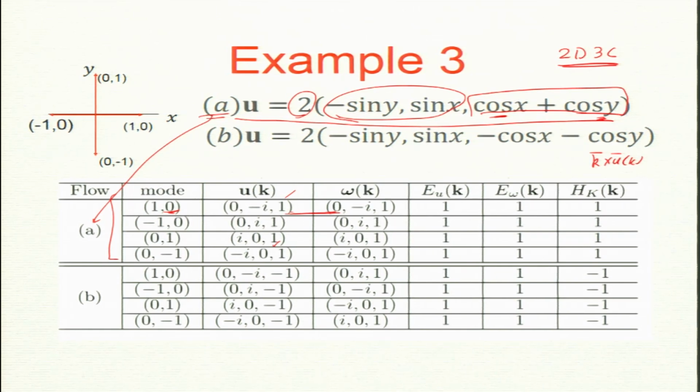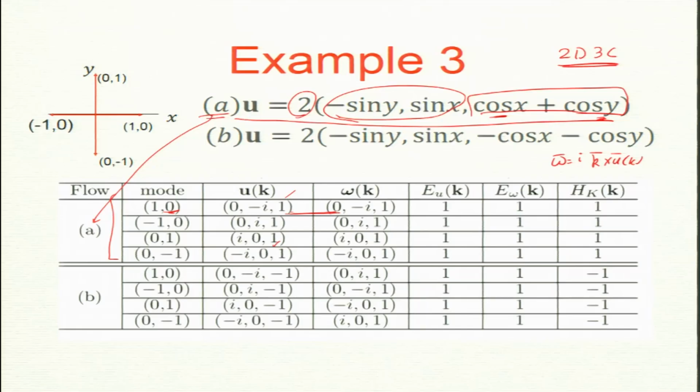But you see, we can have the i sitting here, it is possible. I am not cheating anything, you can just work it out and you will get this. And we saw that in real space too, omega was the same as u.